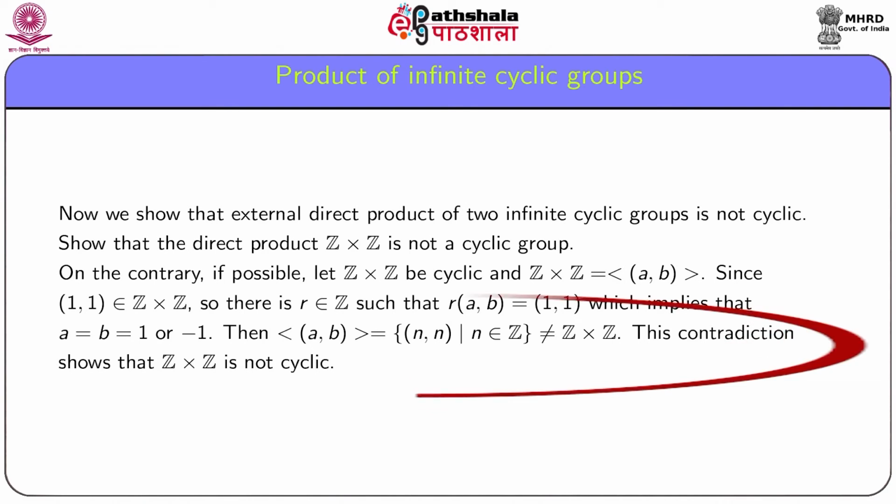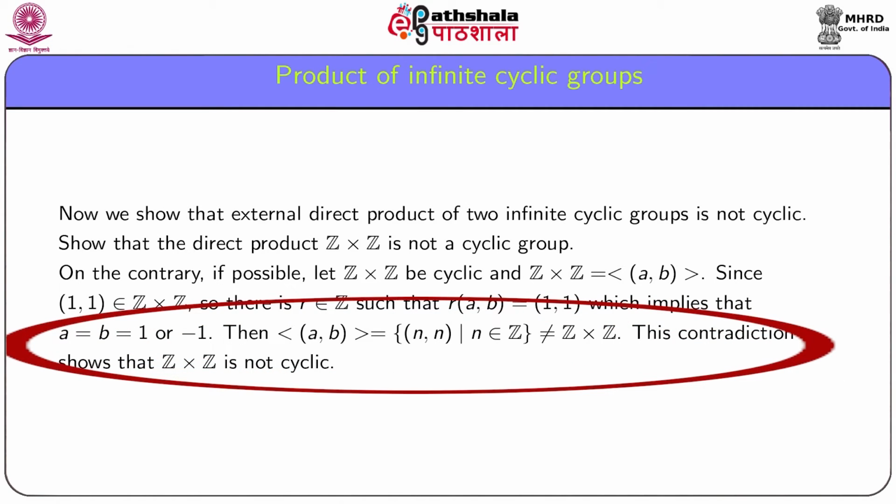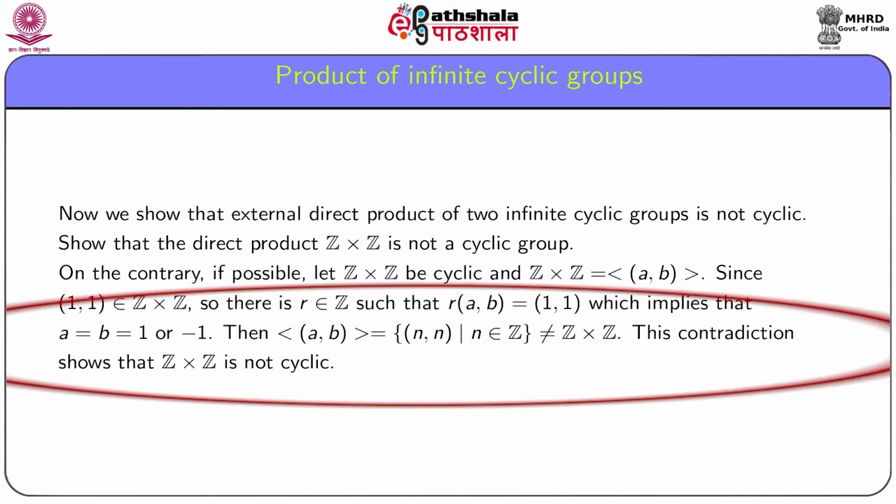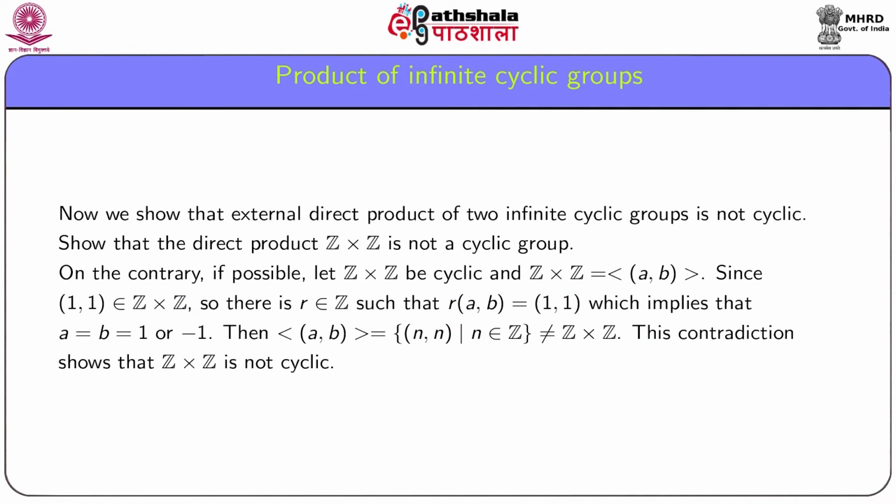Then the cyclic subgroup generated by (a, b) is actually equal to the diagonal subgroup, that is, the collection of all (n, n) where n is an integer, and certainly this is not equal to Z cross Z. This contradiction shows that Z cross Z is not a cyclic group. Thus we see that the product of infinite cyclic groups is never a cyclic group.